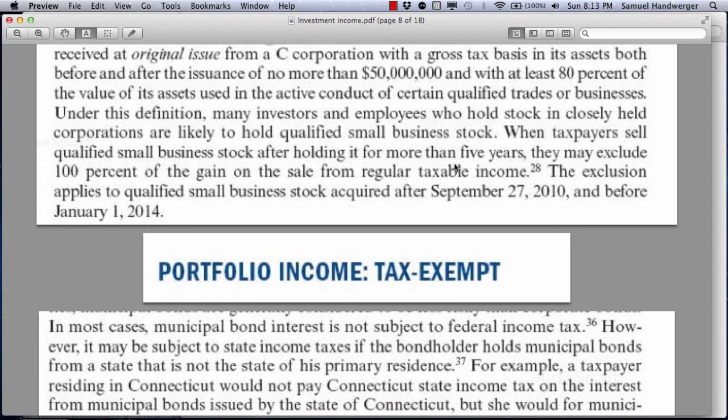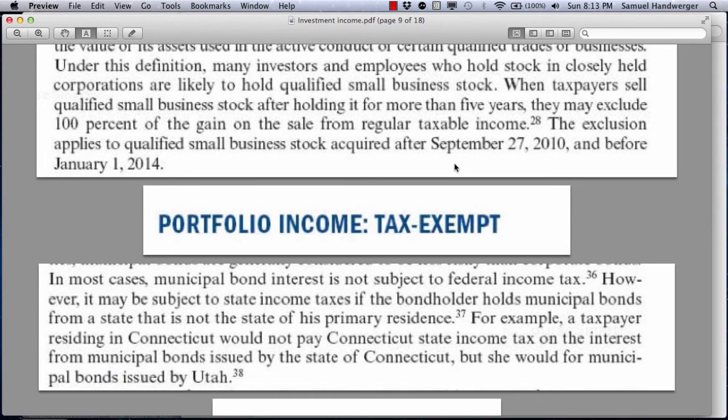Okay, we have mentioned this, but we haven't really spent a lot of time on it, the fact that there is tax-exempt portfolio income, and I think most of us now have, at least from the little bit that we've touched on in class, the knee-jerk reaction that it refers to municipal bond interest not being subject to federal income tax. What I wanted to add here is that you should note that that's true.